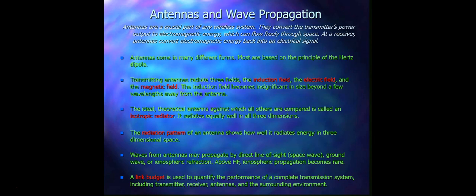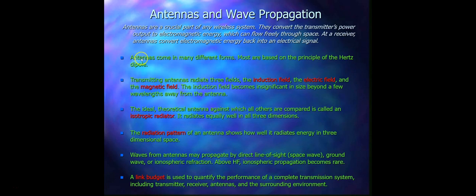So the transmitter and receiver basically behave as a transducer, and you know that the function of a transducer is to convert one form of energy into another, and that's what they are doing. The transmitter is converting electrical energy into electromagnetic energy, and the receiver is doing the reverse of that.